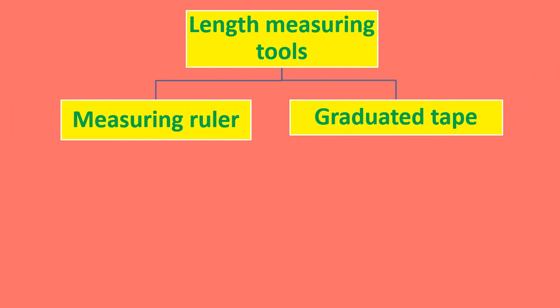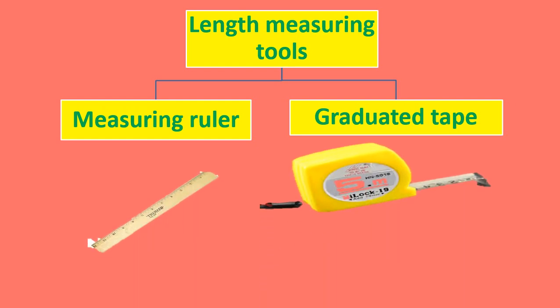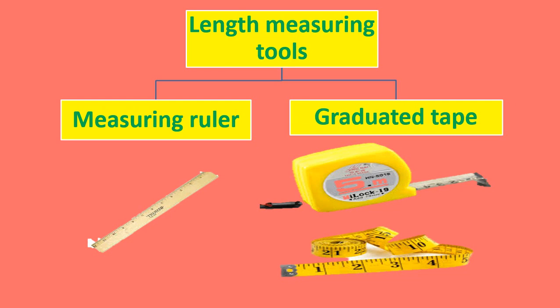Let's see the shape of each one. This is the measuring ruler and this is two types of graduated tape. We use the measuring ruler to measure small lengths and we use the graduated tape to measure large lengths.